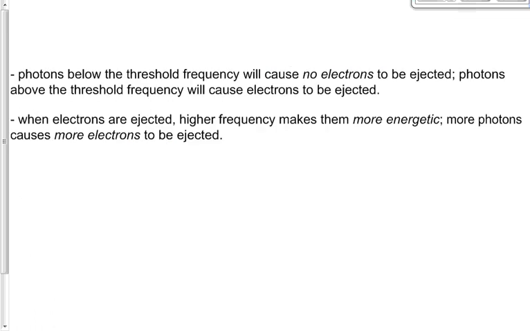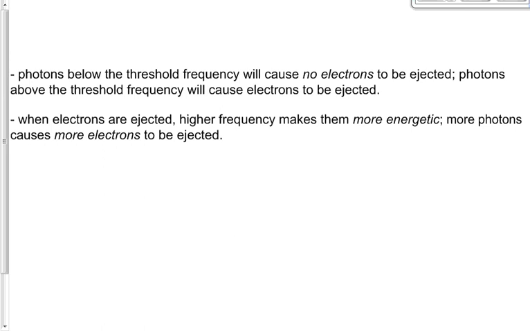Now, we also talked about what would happen if you had photons that were way above the threshold frequency. So you get an electron that's ejected when a photon exceeds the threshold frequency. If we exceed the threshold frequency by a whole lot, you're still going to get one electron ejected, right? It's a 1-to-1 ratio. One photon, one electron. 1,000 photons, 1,000 electrons.